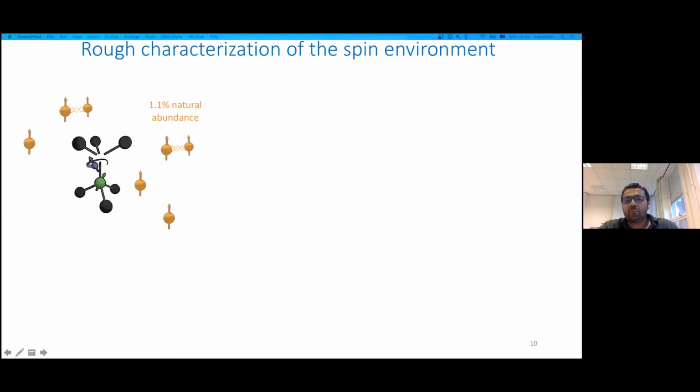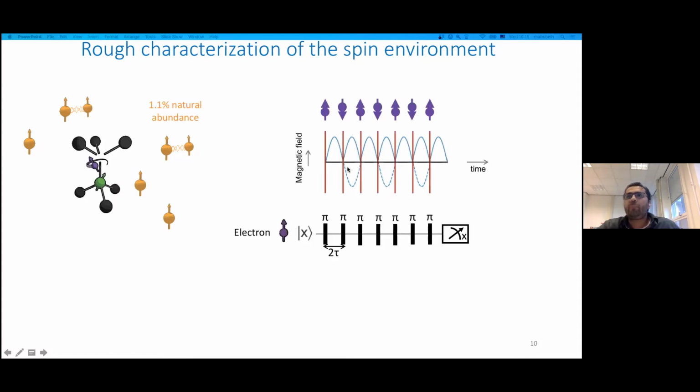So the idea is quite simple. You can imagine each nuclear spin in the environment as a tiny source of magnetic field. From the electron spin perspective, the phase accumulated due to the signal is basically 0. But if we flip the electron spin back and forth in resonance with the signal, we kind of rectify the signal, and we would see this as a coherence collapse in our signal.